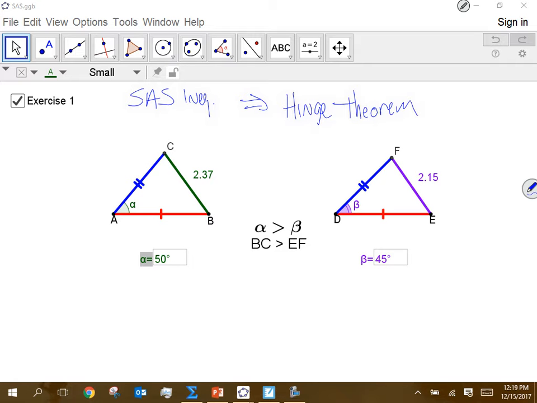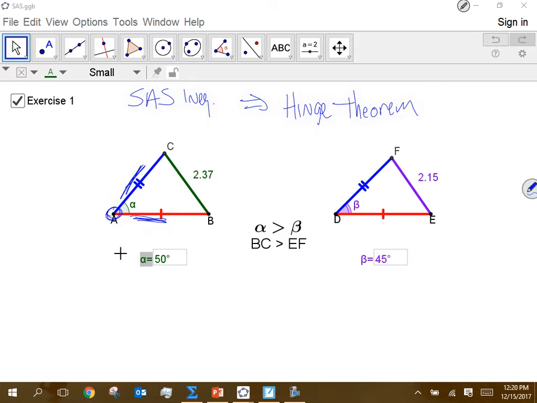You guys know what hinges are, right? Hinges on doors or whatever. If you've ever taken a hinge off a door and put it in your hands, this would be a side of the hinge, this is another side of the hinge, and this is the pivot that the hinge pivots on.